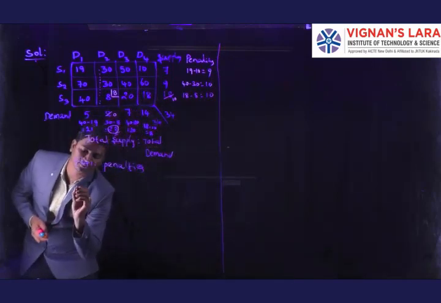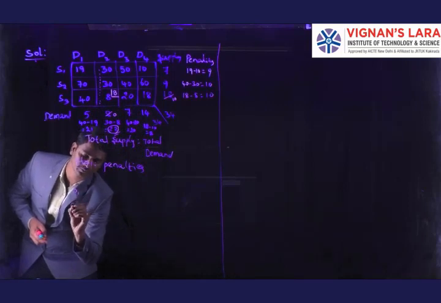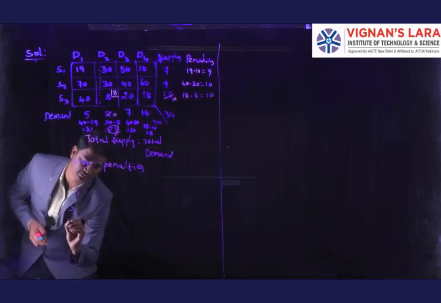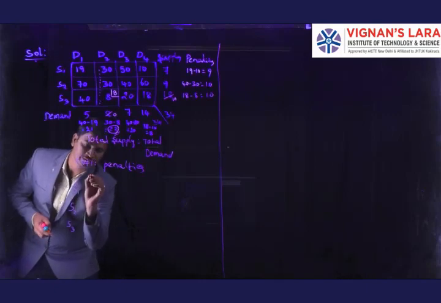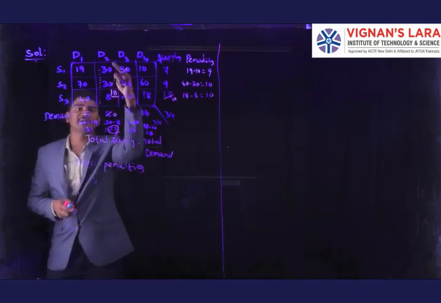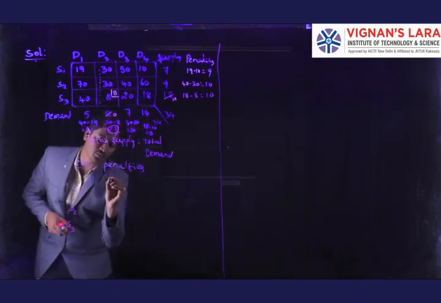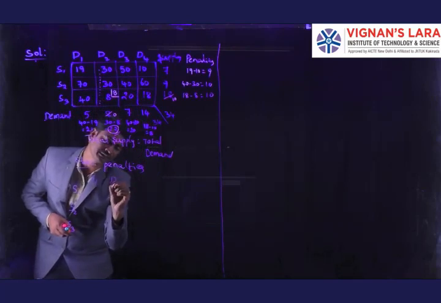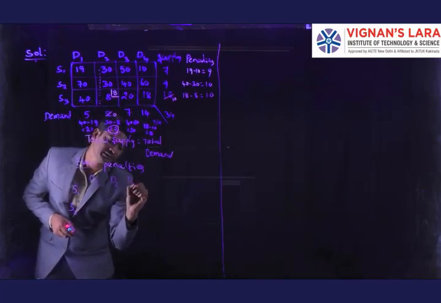Table 2 has S1, S2, S3, and D1, D2, D3. D2's demand is over, so we have only 3 demands: D1, D2, D3.